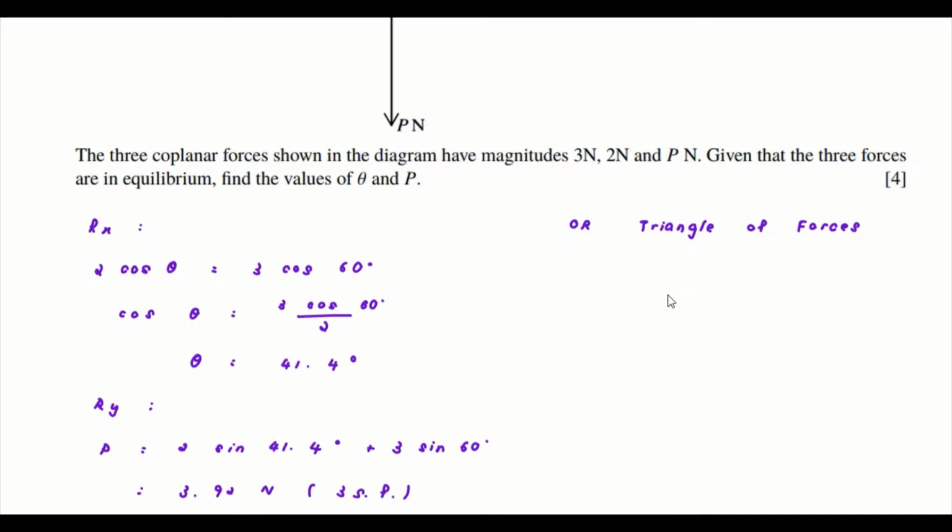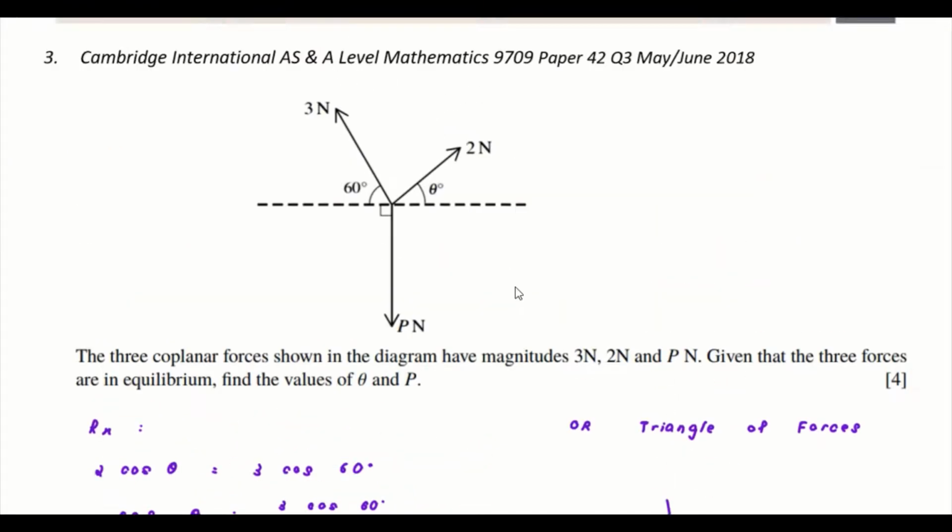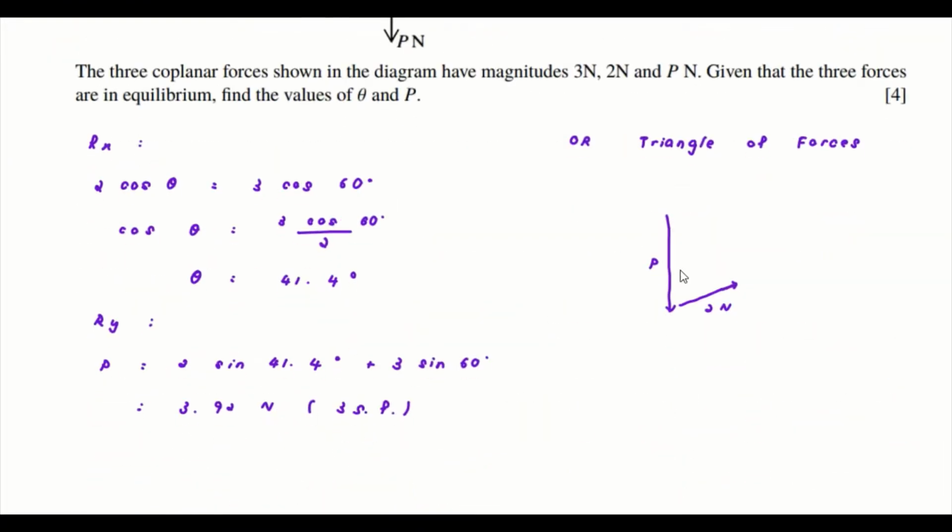So we have P going down. Then we continue with our 2 Newton here, which we can draw as a shorter one. Then we have the longer one, which from here to here is 3 Newton.